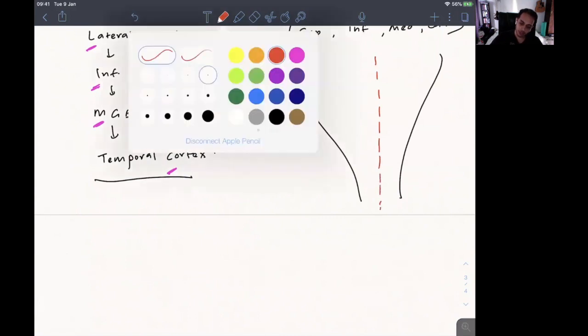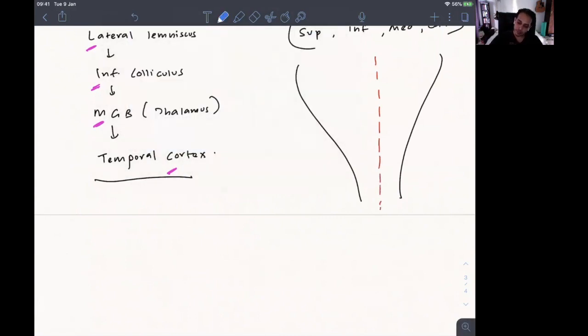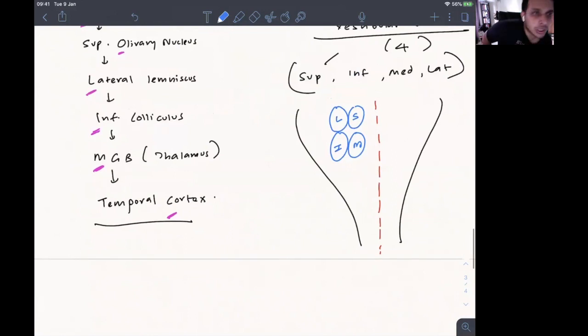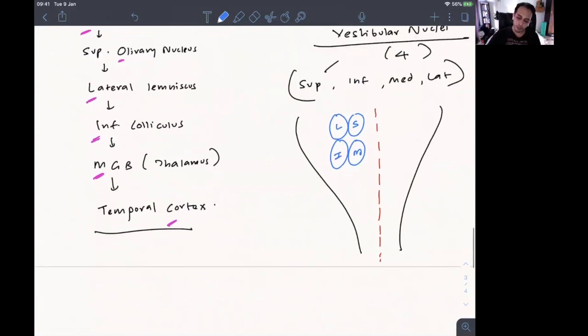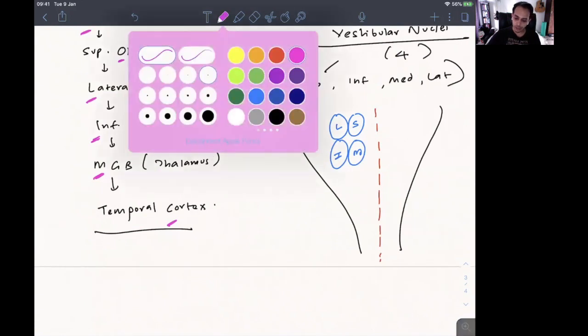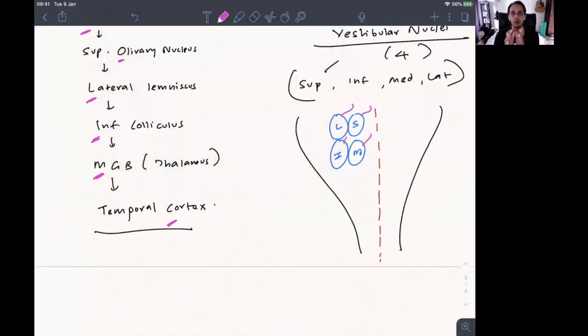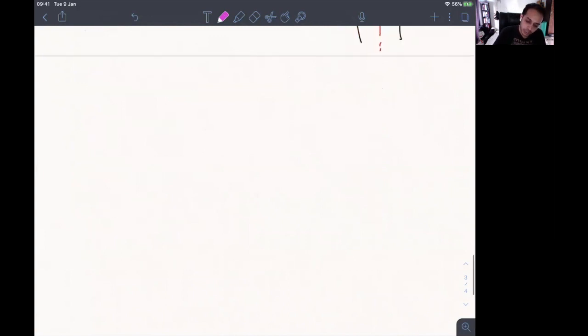Now let me draw the four nuclei: superior, lateral, inferior, and medial. Together these four form the vestibular nuclei, and from these all the nerves will exit and go to different places.